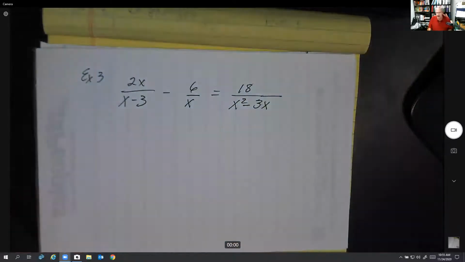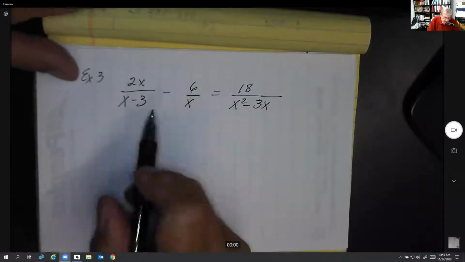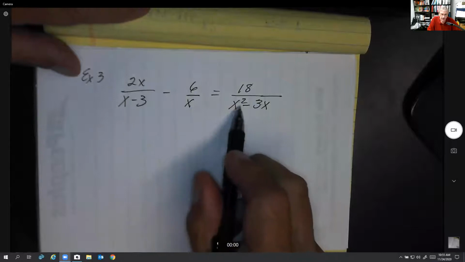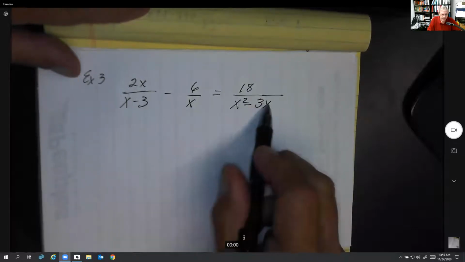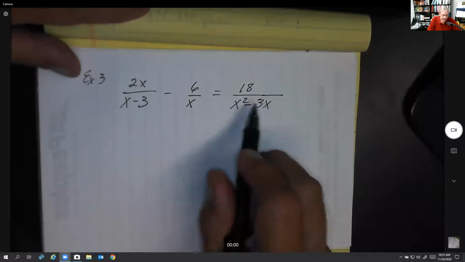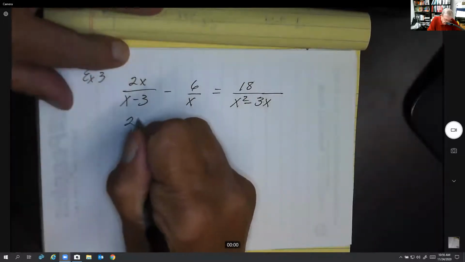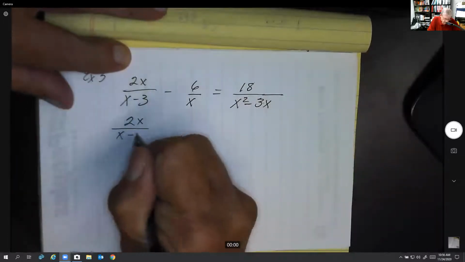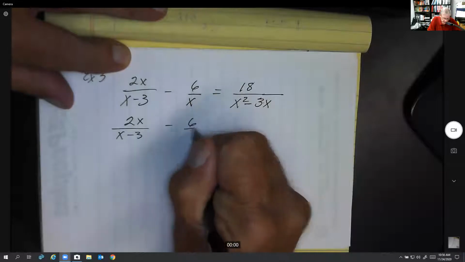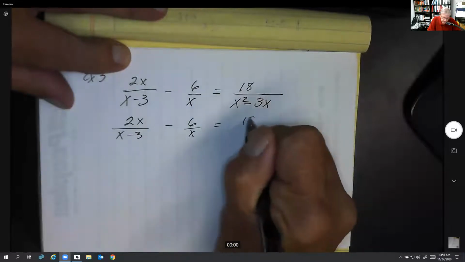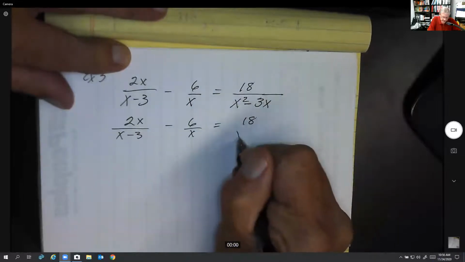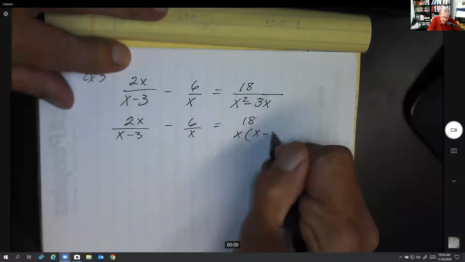So this one obviously is more complicated than the problems we've been working on. So what we're going to do is, first of all, take this very complicated term here and factor it out. So we have 2x over x minus 3 minus 6 over x equals 18 over, we're going to factor out an x, right? x minus 3.